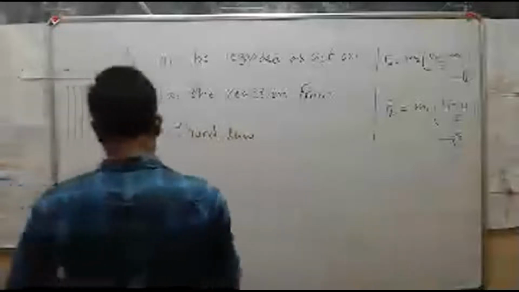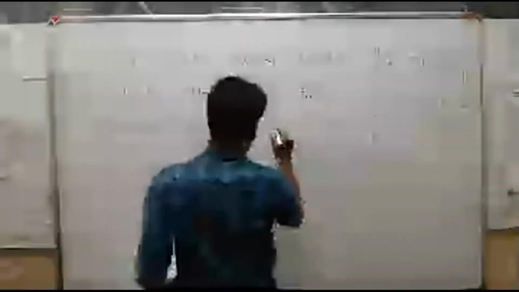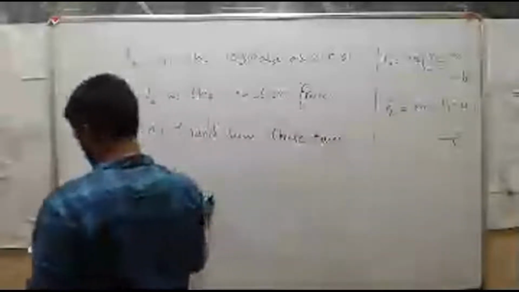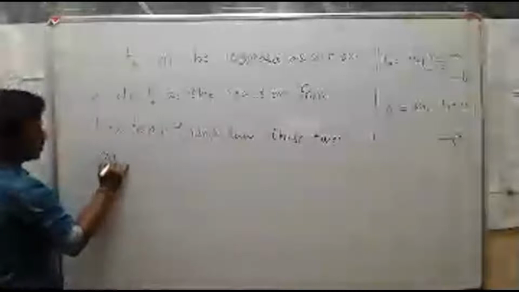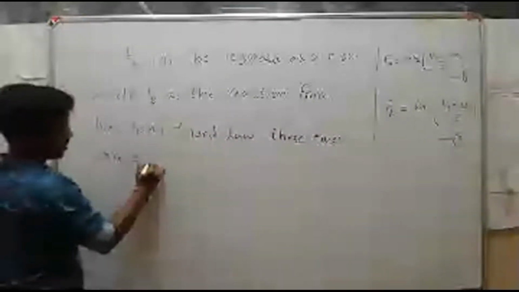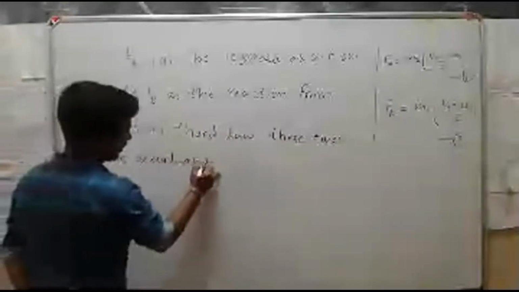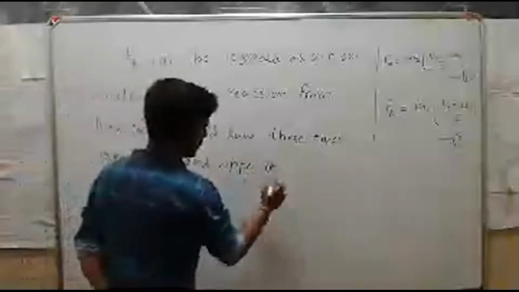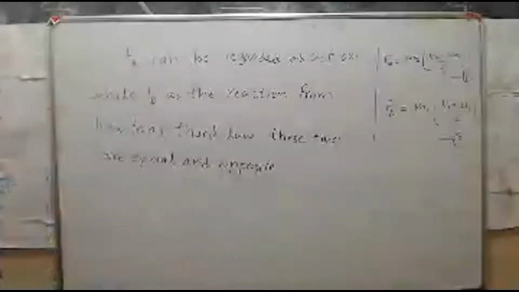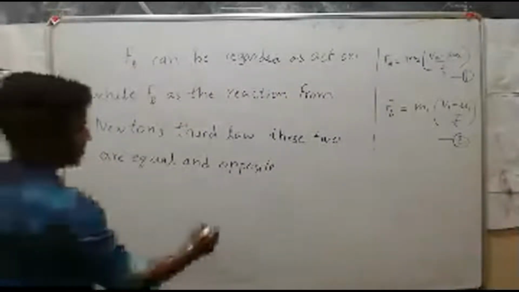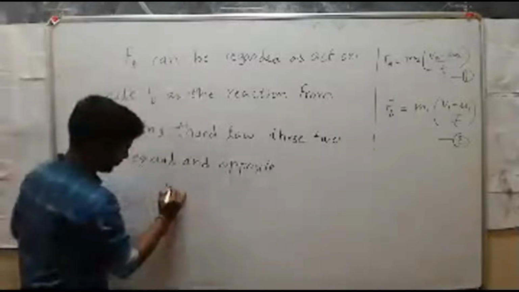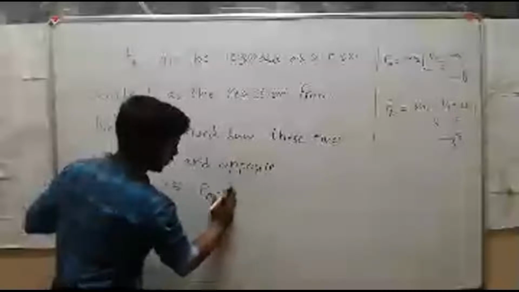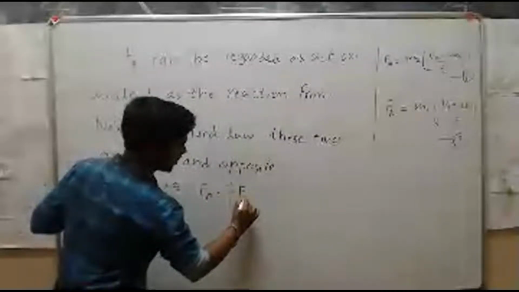These two are equal and opposite. So that is FA equals minus FB.